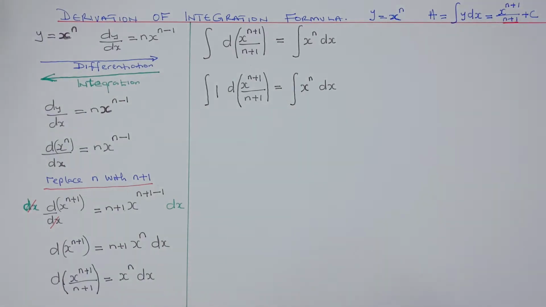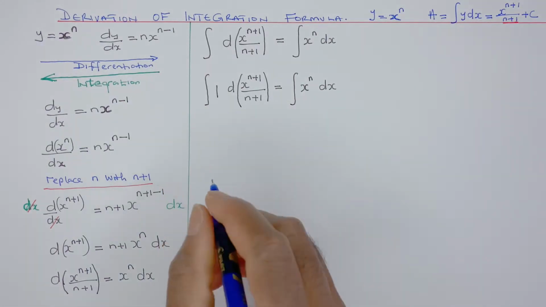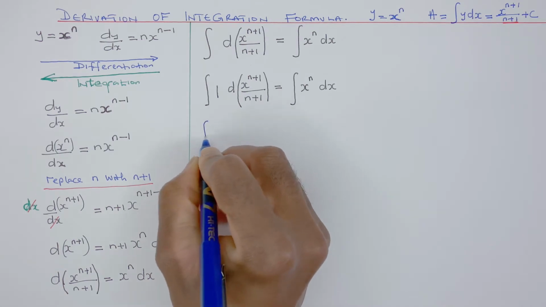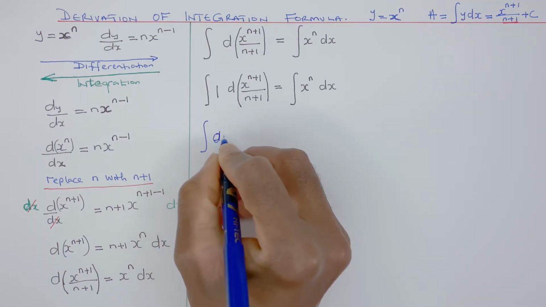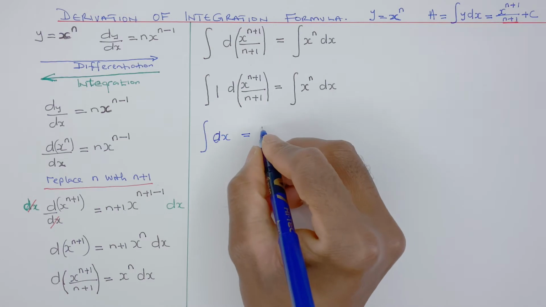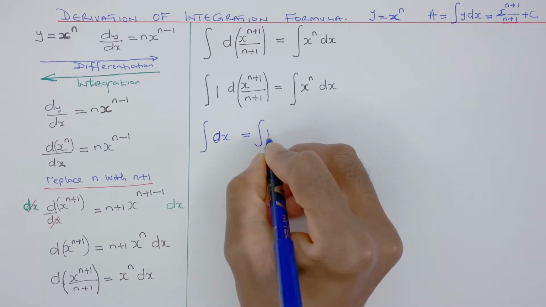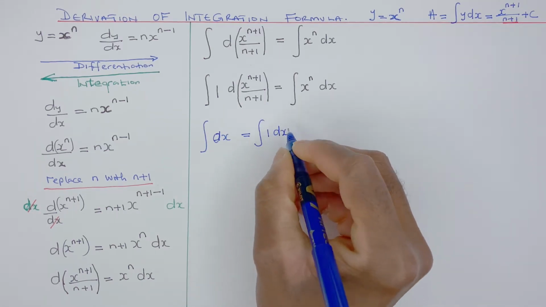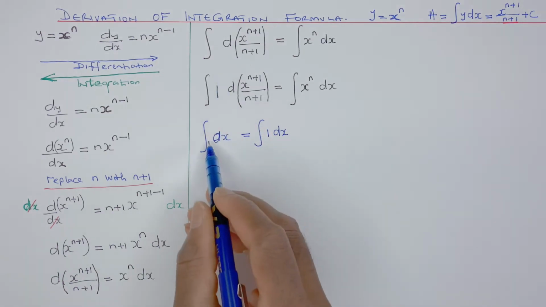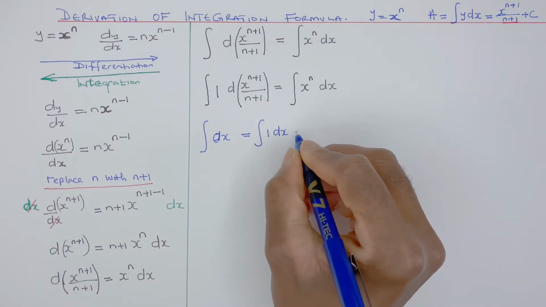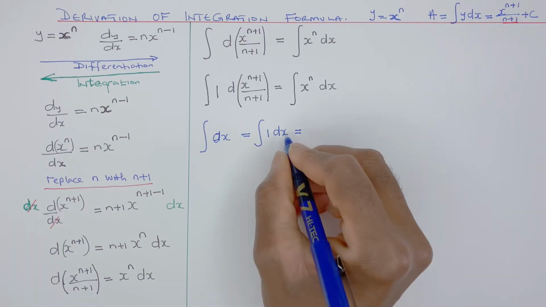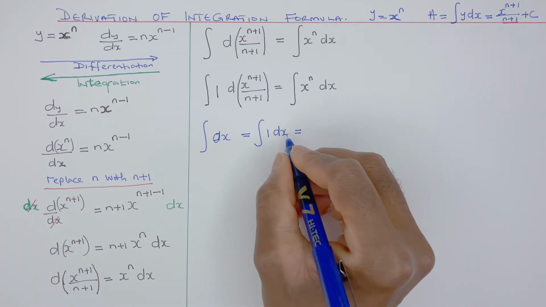I need to remind you of a small process. If I have integral of dx, that is actually integral of 1 dx, like we've done here, because there's 1 here. And when we integrate that, in this case, I'm integrating with respect to x.